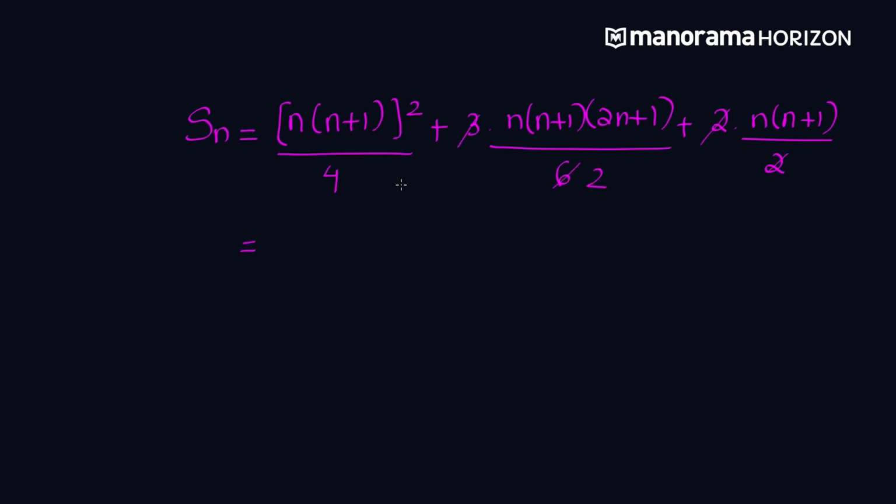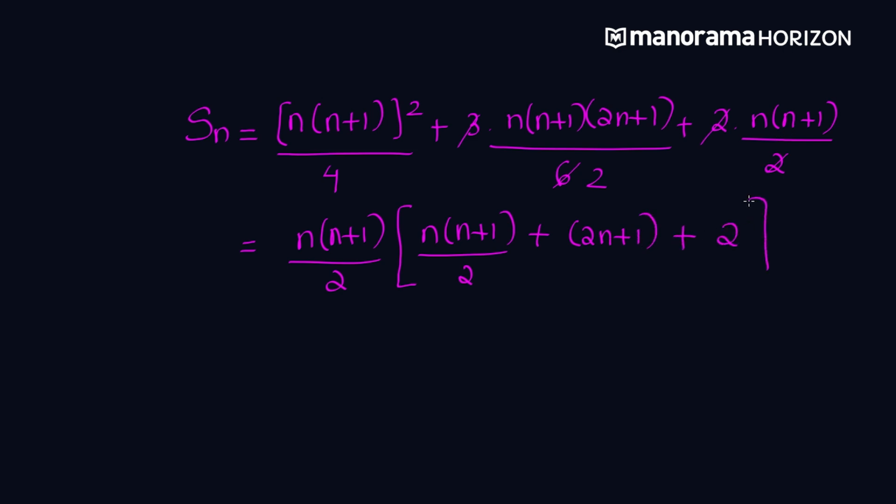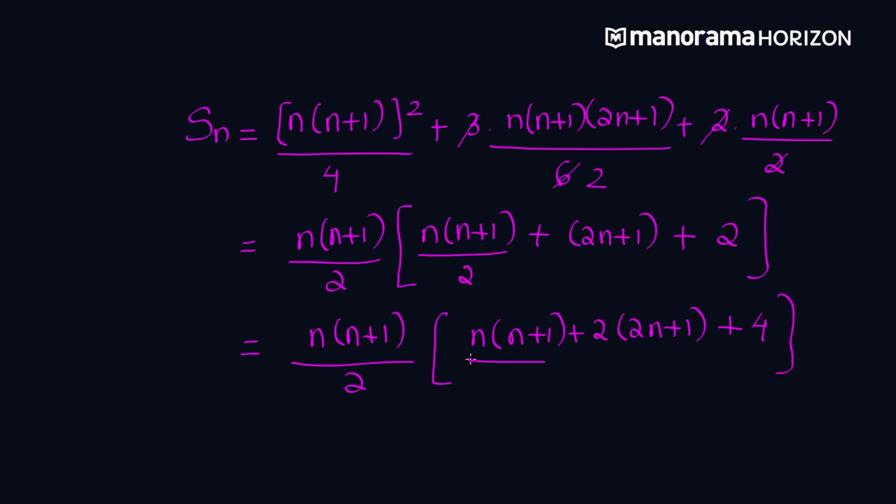Now, what is common? We can take n into n plus 1 by 2 as common. What is left here? n into n plus 1 by 2, plus here what is left is 2n plus 1, and here what is left is 2, because n into n plus 1 by 2 into 2 gives n into n plus 1. Taking the 2 inside and taking the LCM, we get n into n plus 1 into 2 into 2n plus 1 plus 2 into 2, which is 4, the whole divided by 2.